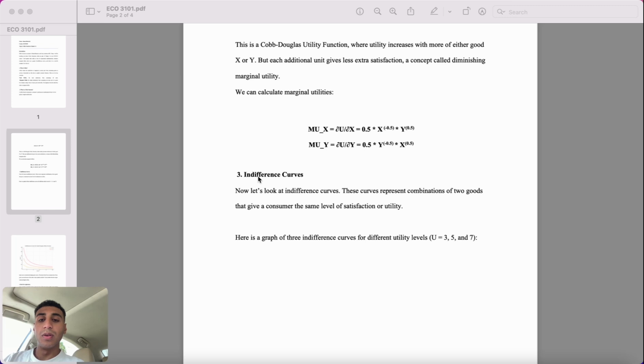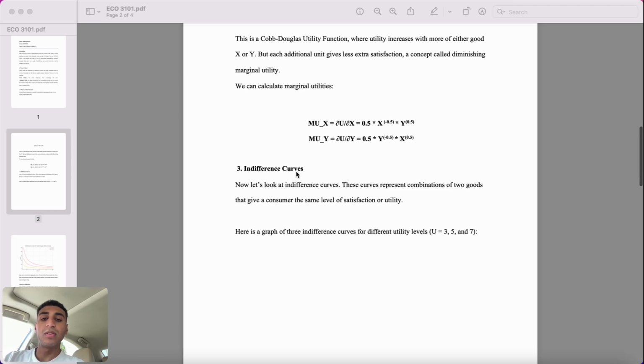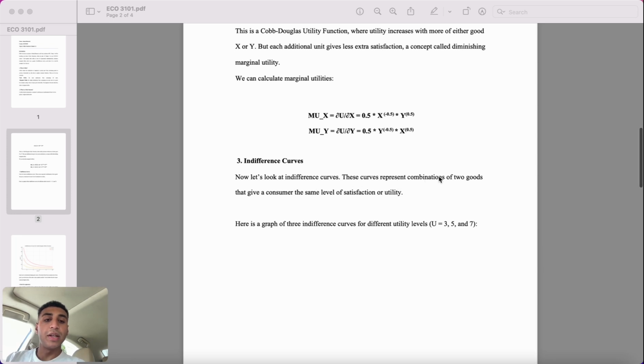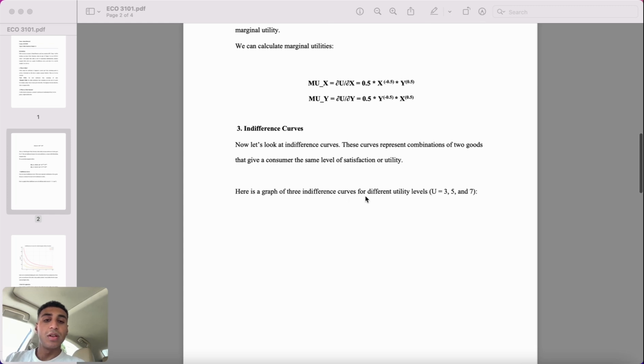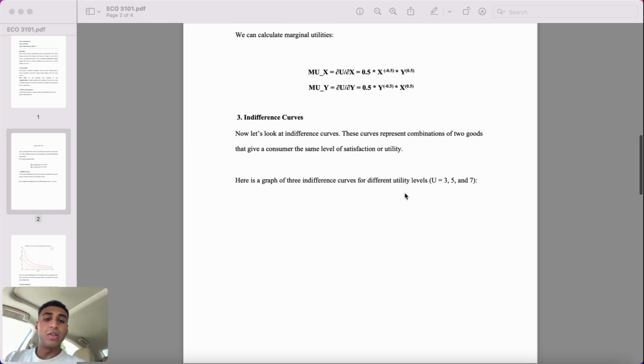Let's jump to number 3, indifference curves. These curves represent combinations of 2 goods that give a consumer the same level of satisfaction or utility. Here is a graph of 3 indifference curves for different utility levels.